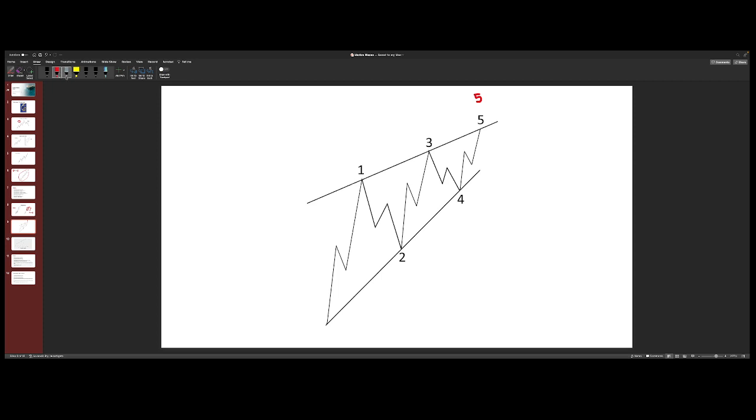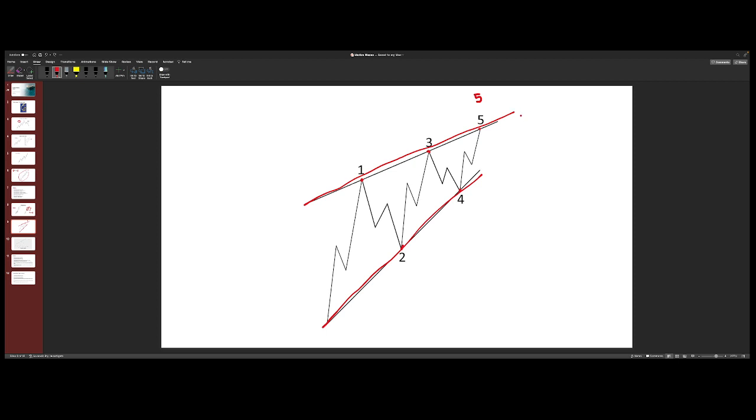Another rule is, in a contracting variety, if we were to draw a trend line connecting these 3 dots, 1, 3, and 5, and a line straight through, and then we do the same for 2 and 4, a line straight through, we would get these lines converging, coming together, crossing at some point.